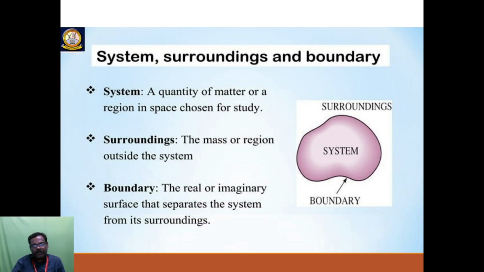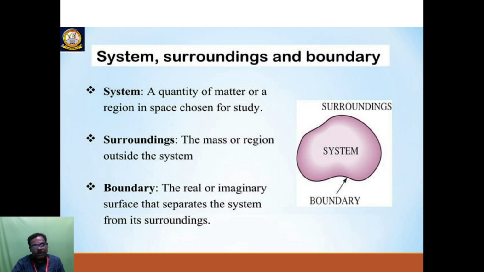In thermodynamics you should know the basic things called system, surroundings and boundary. This is very simple and basic. First, you should know what is a system. As a student, you are aware of this term.